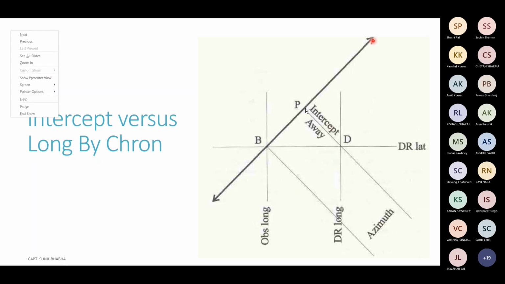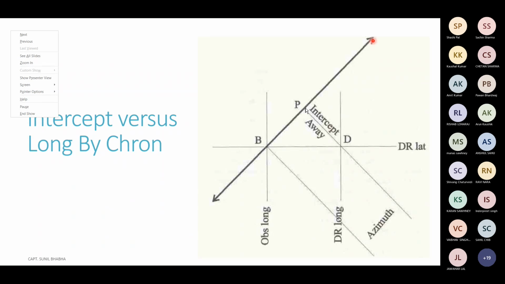There is only one restriction, and that restriction is that longitude by chronometer should not be used when the body is close to the meridian. If the body is close to the meridian, then long by chron should not be used. Other than that, you can use any method anywhere. Close to meridian means, sir, observer's meridian?